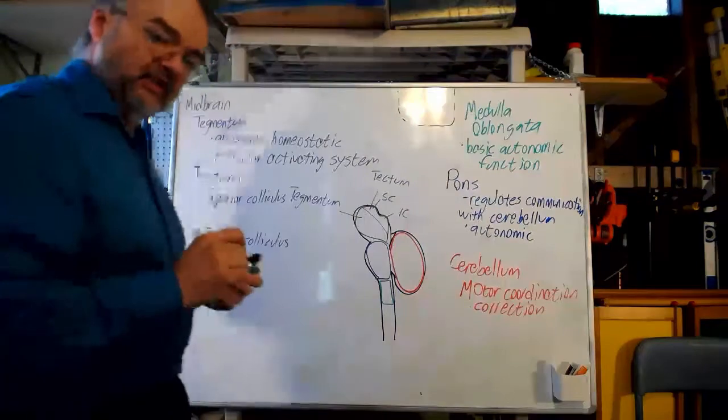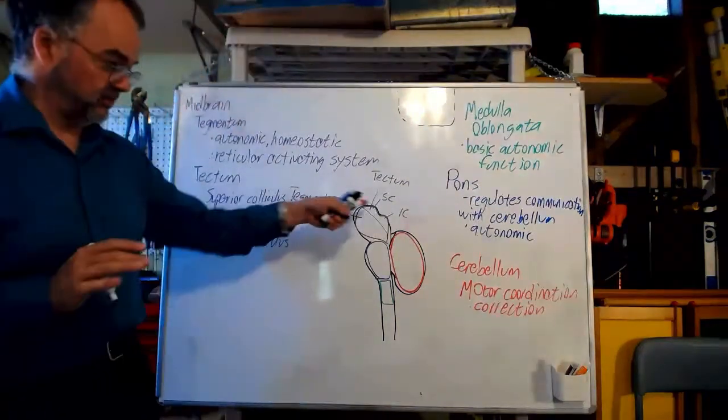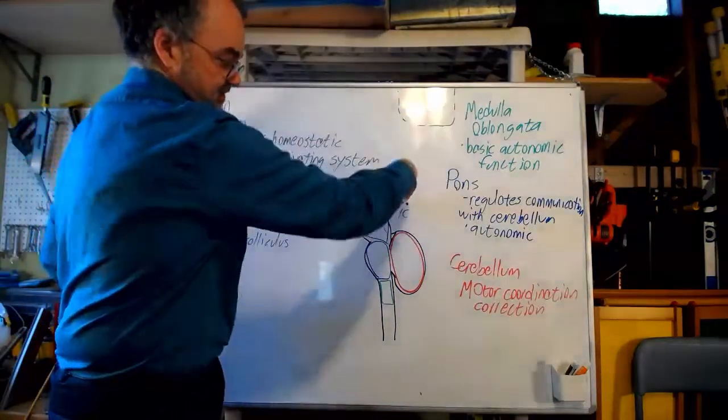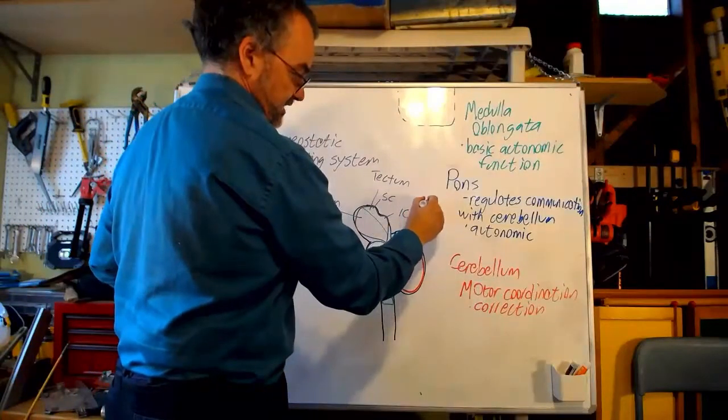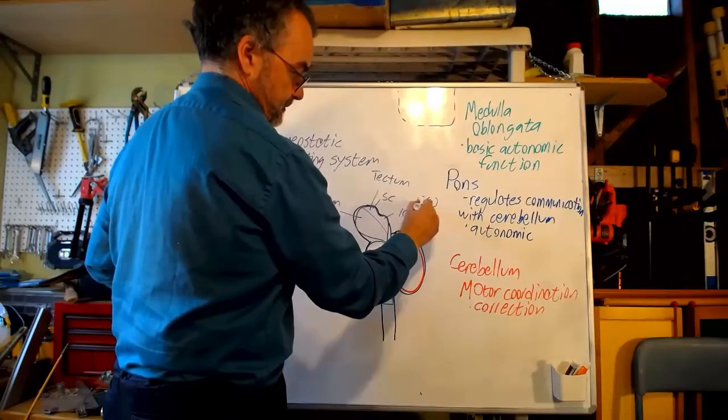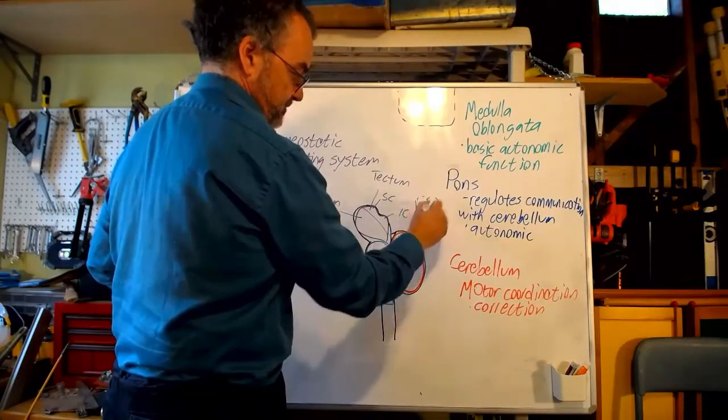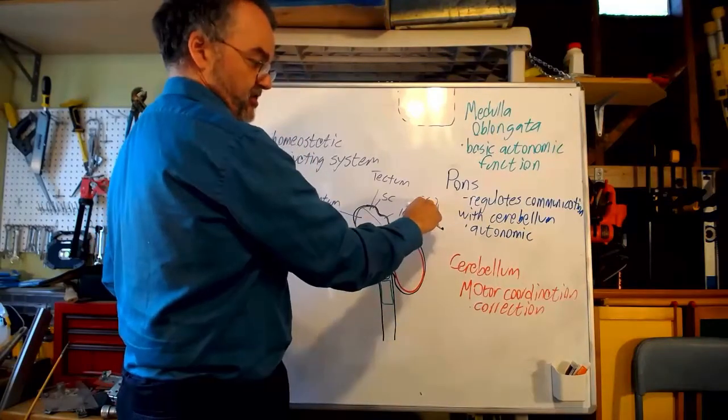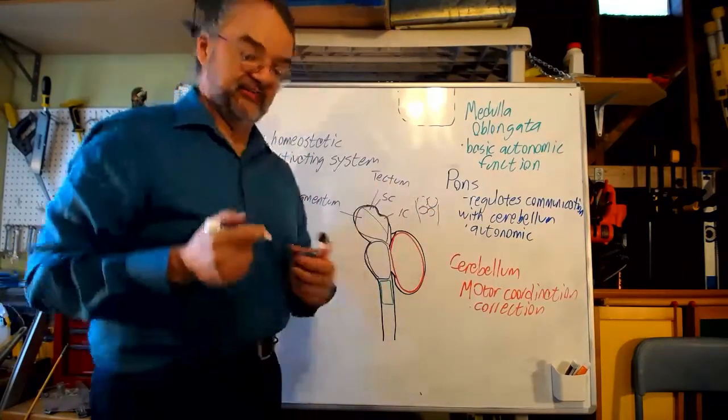If you've heard of something called the quadrigeminal plate, that's what we're talking about here, because if you look at it from this direction, it kind of looks like 4 little bumps. Those are the superior colliculi and the inferior colliculi.